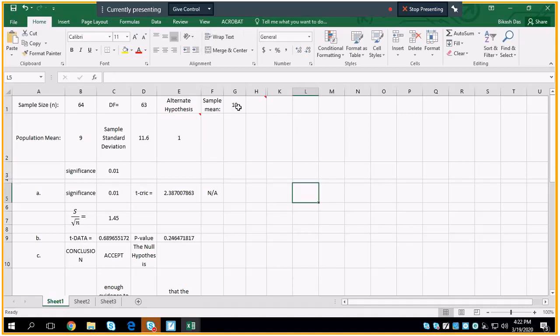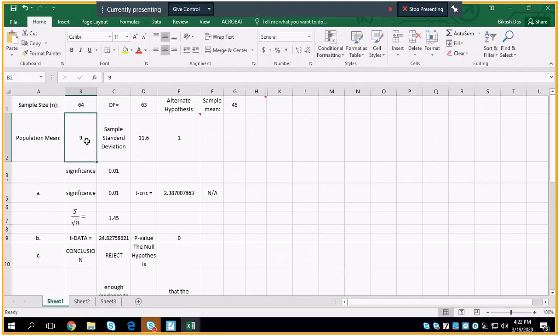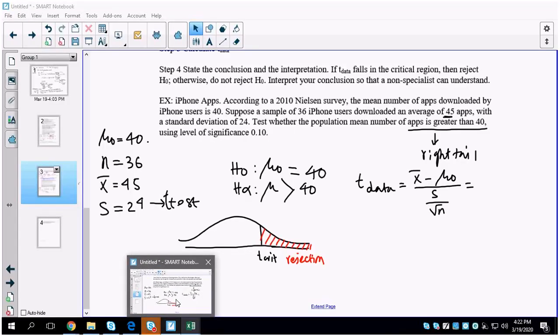Change the sample mean. The sample mean in our problem is 45. The population mean is 40. Then the sample size is 36 iPhone users. This changes the degrees of freedom automatically. And then the standard deviation for this problem is 12. Oh, actually 24.